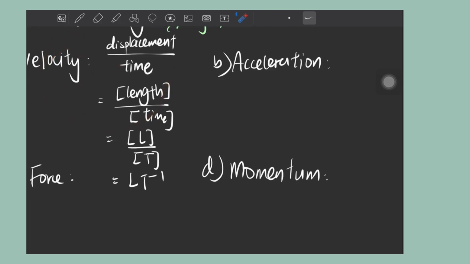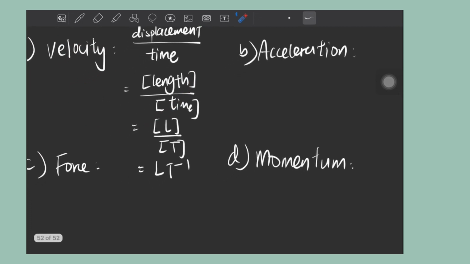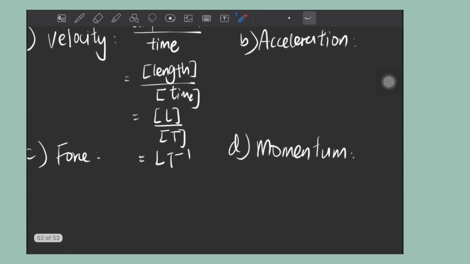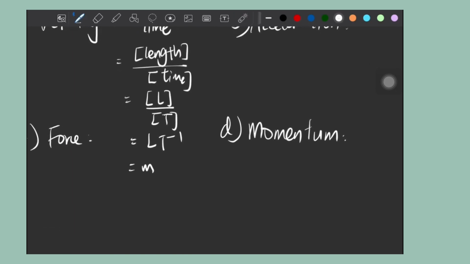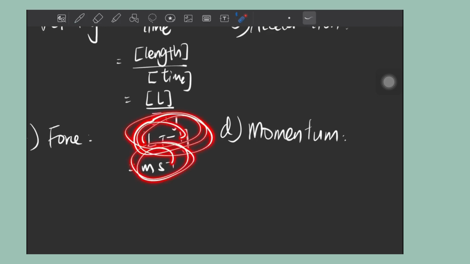The dimension also can determine the unit of the physical quantity. Length refers to the meter, and T to the power of minus 1 will be per second. So this is the dimension of velocity, while this is the unit.